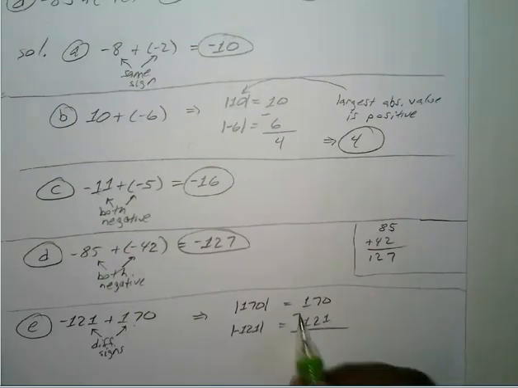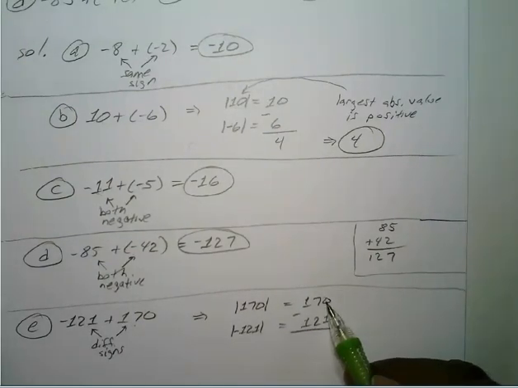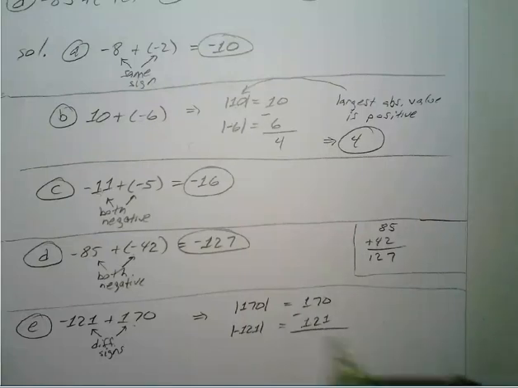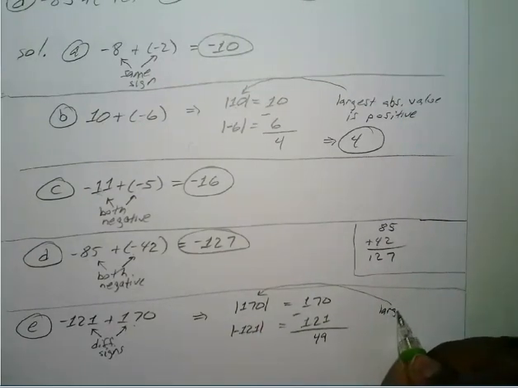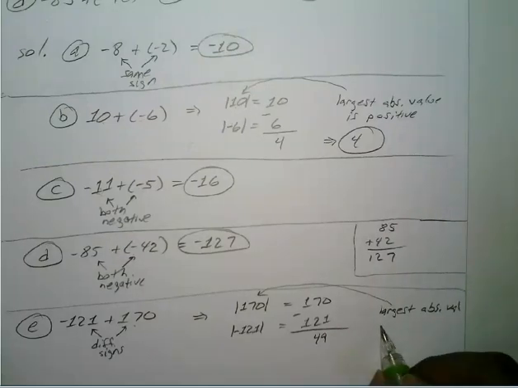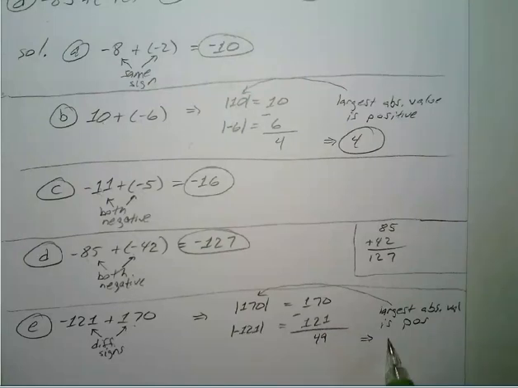So we subtract: 170 minus 121 is 49. Once again, your largest absolute value is positive, so that 49 stays positive 49.